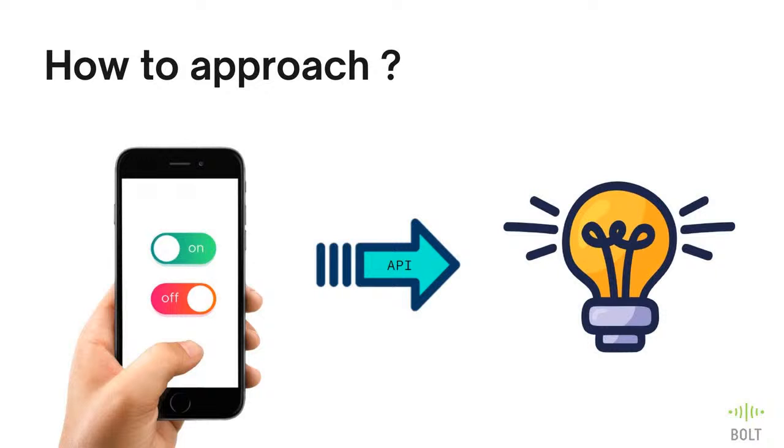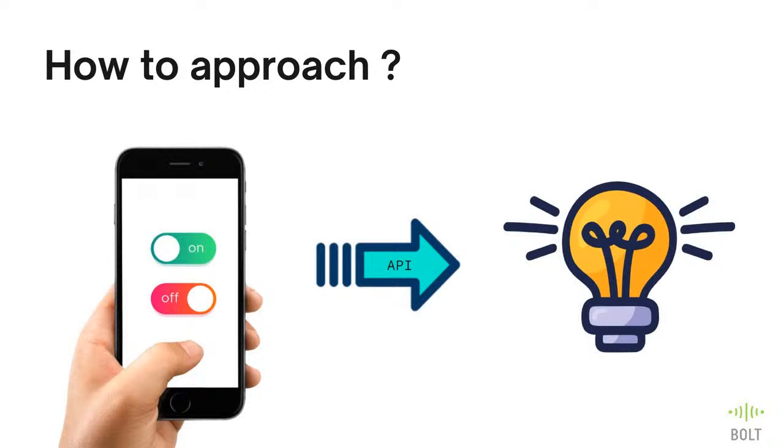So I have created a rough mind map for it. We are going to create an app or web interface which has two buttons, one for turning it on and one for turning it off. We have a bulb, we have an app. As I have earlier told you, whenever we need to perform any task, we will ask APIs to do it.